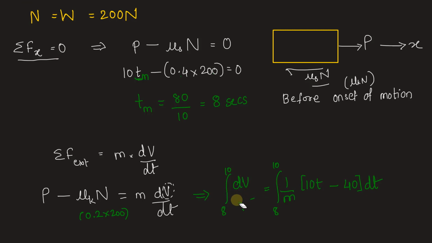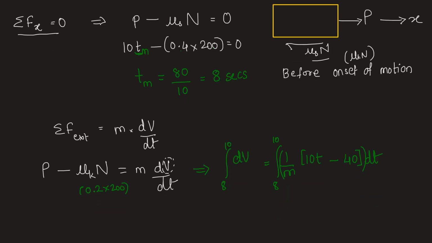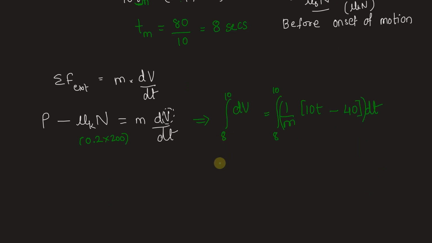So our equation becomes integration of dv from 8 to 10 is equal to integration from 8 to 10 of this expression with respect to time. After integrating, we have velocity at 10 seconds minus velocity at 8 seconds is equal to 1 by m, which is a constant taken out.